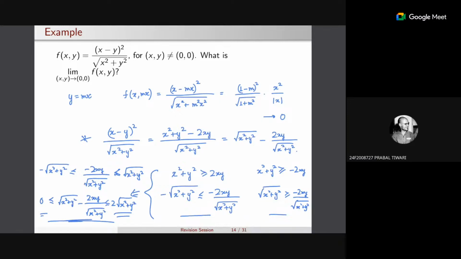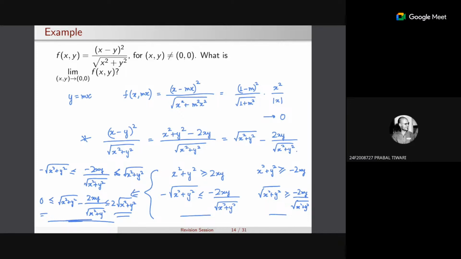There is no one-shot algorithm to just look at a function and say whether the limit exists or not. It's a little bit of trial and error. You check with known functions: straight lines, x square, exponential, the usual polynomial functions. And if it fails, maybe then the limit does exist.